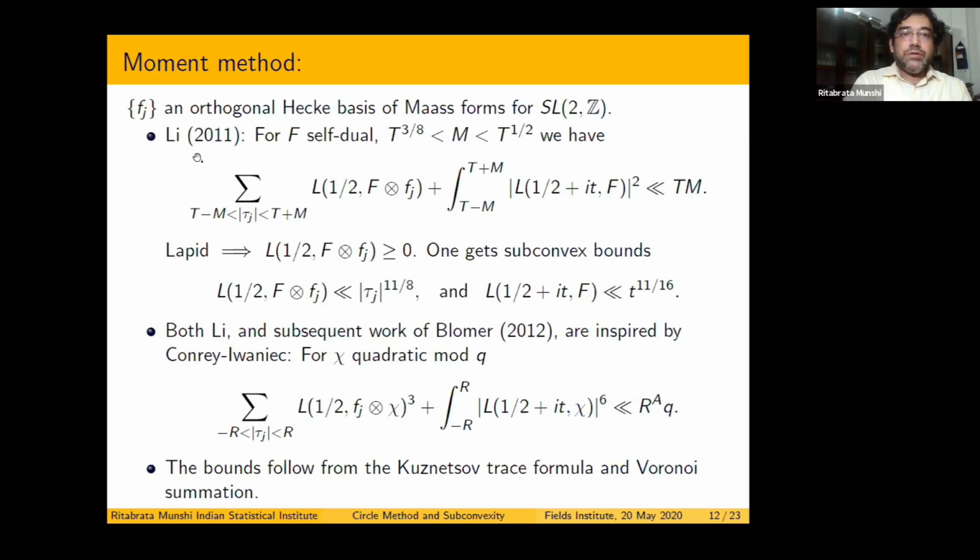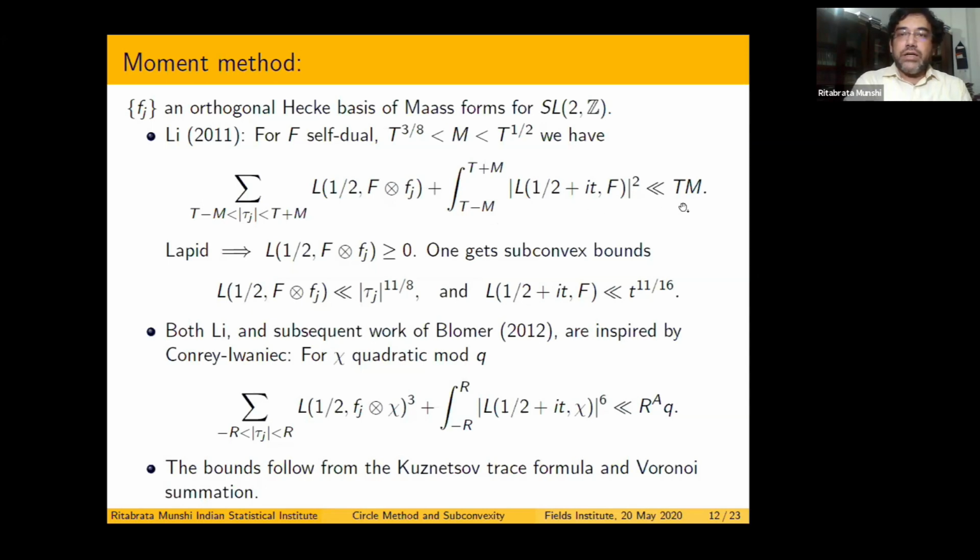And there's this result from Lee, it's very well known, that if you take a self-dual GL3 form, and if I take the parameter M to lie between T to the power 3 by 8 and T to the power 1/2, then this sum over here, so this is the GL3 times GL2 L function, and here the spectral parameter of the GL2 part is ranging between T minus M and T plus M, and this is the integral of the GL3 form L function squared.